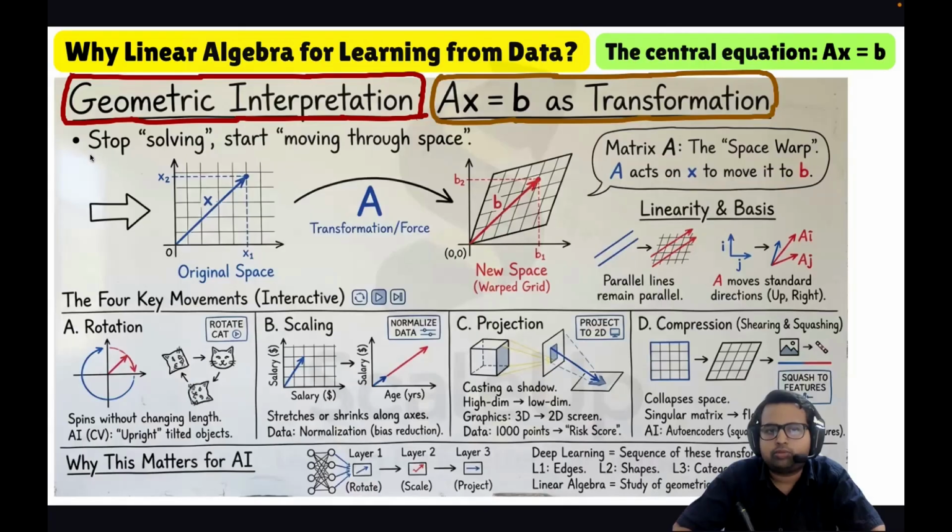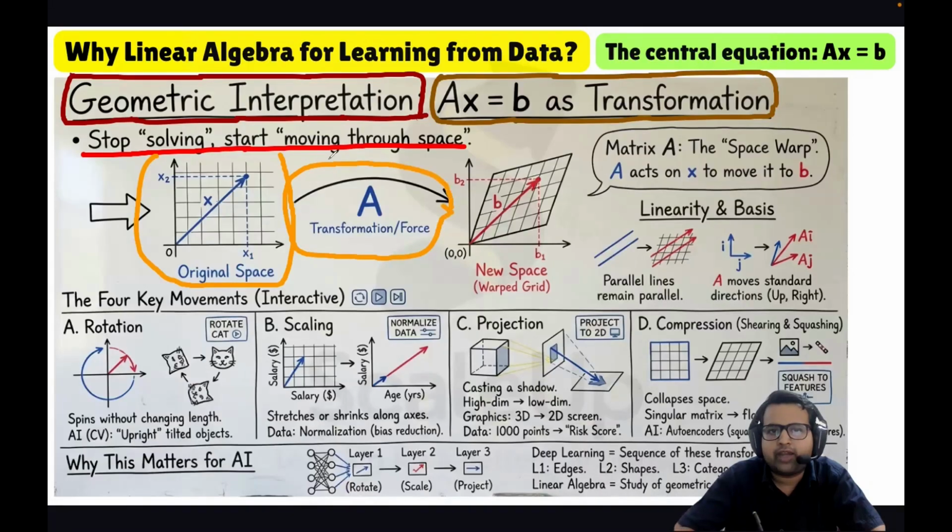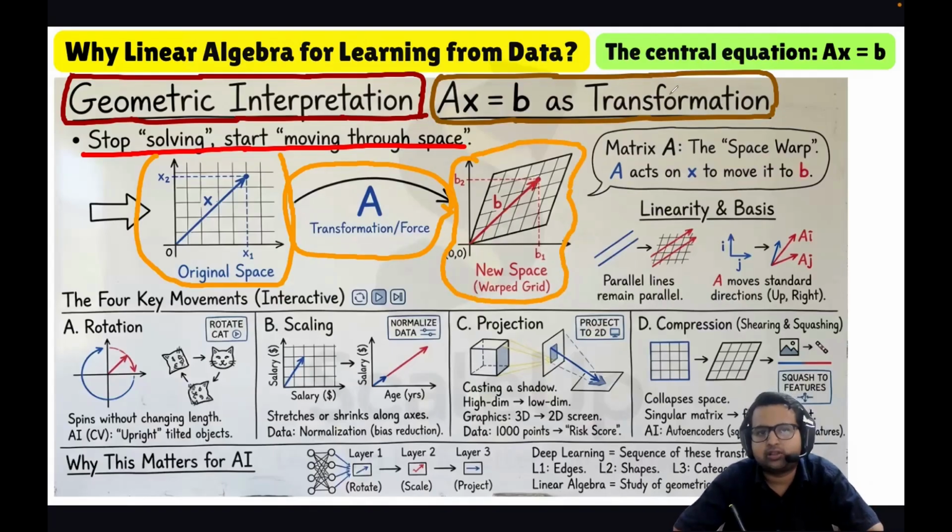The idea is that, let us suppose we are starting with some original space. We apply some transformation, and because of that, we get a new space, a transformed space. That is what Ax equals B as transformation is.